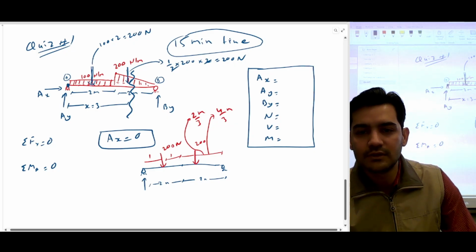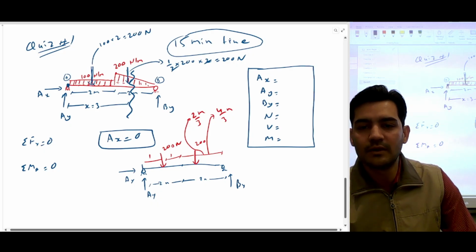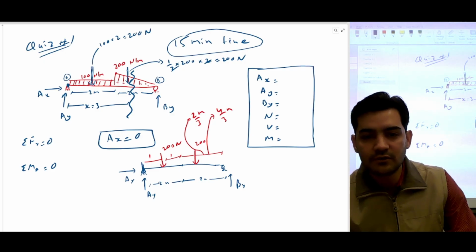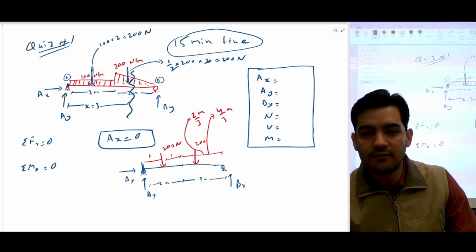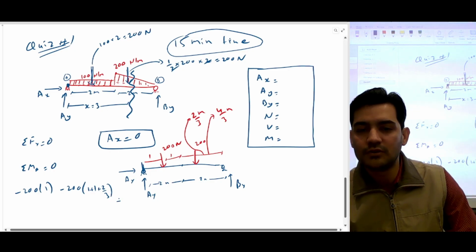So we have this AX, AY, BY. I'm going to take a moment at this point. Summation of moment at A is equal to 0. So you will have negative 200 into 1, negative 200 into 1 plus 1 plus 2 by 3, and then you have anti-clockwise force, which is positive 4 BY, is equal to 0.